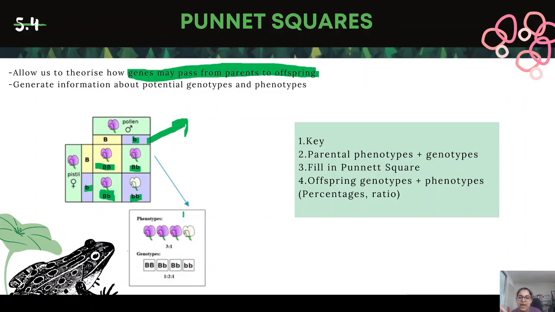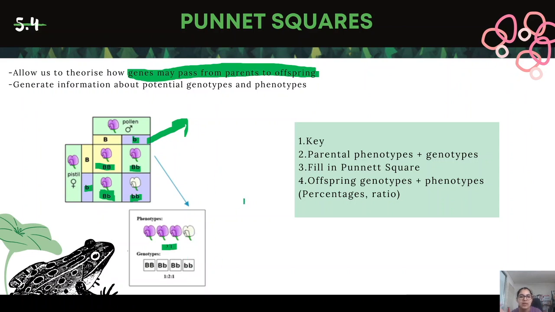For the phenotype, there's a 3-to-1 ratio of purple flower to white. The genotype ratio is 1 homozygous dominant, 2 heterozygous, and 1 homozygous recessive.